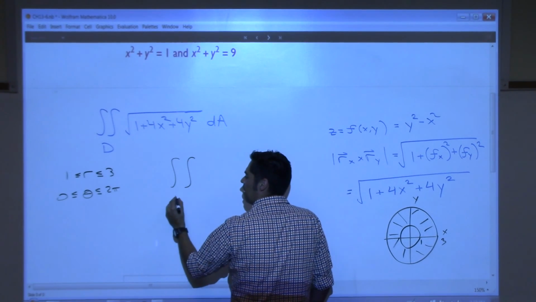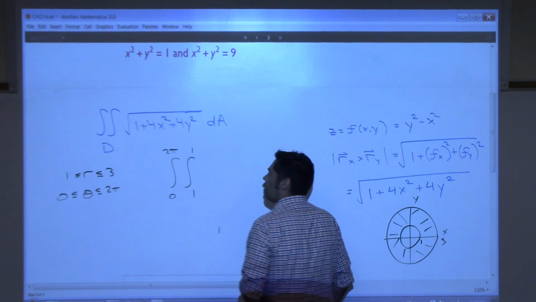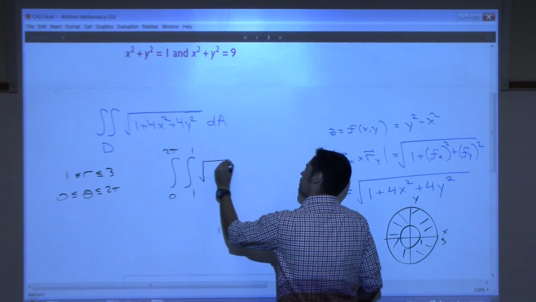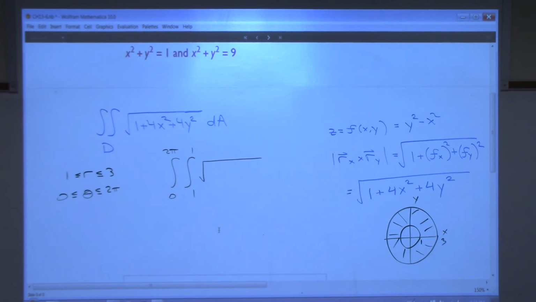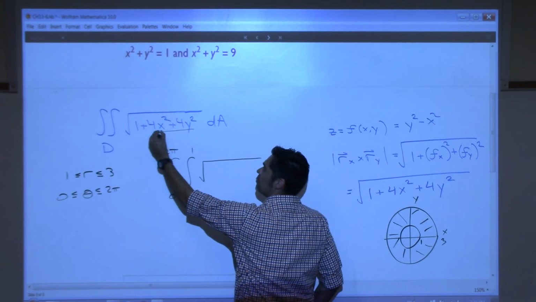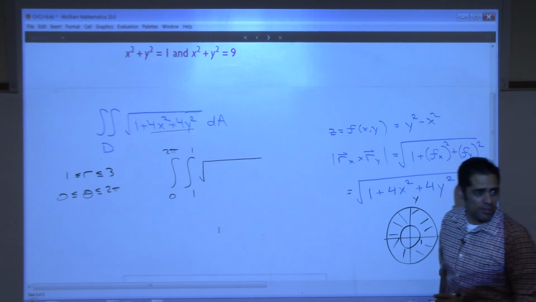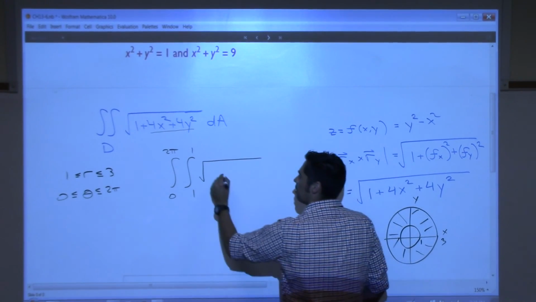This doesn't matter, right? Because they're both constants. Square root of 1 plus 4r squared, right? Factor out a 4 from each of those two, and you're left with x squared plus y squared, which is r squared. So we have to see that to make our lives easier.